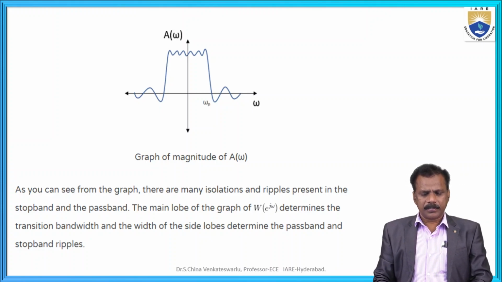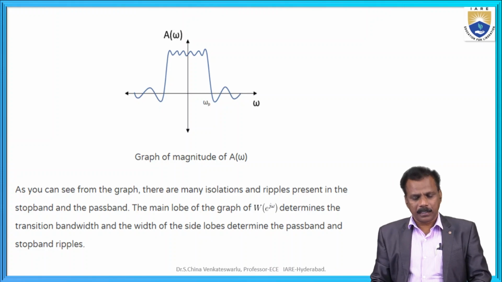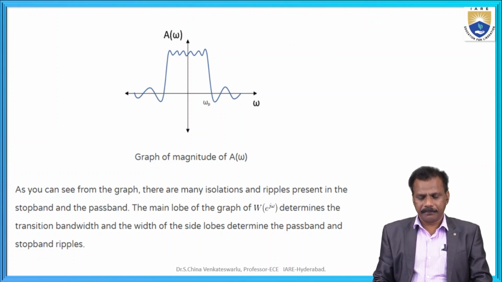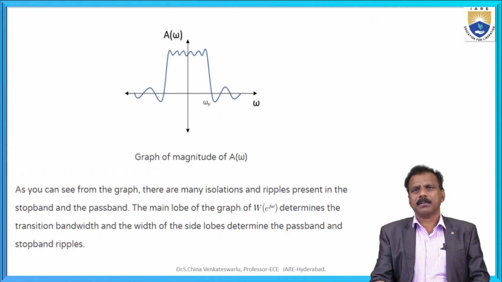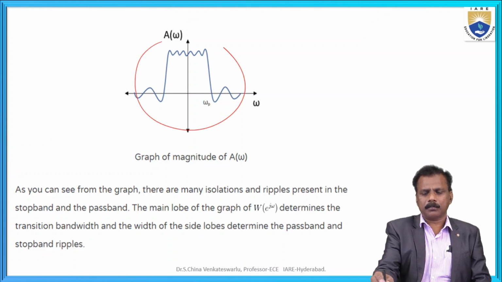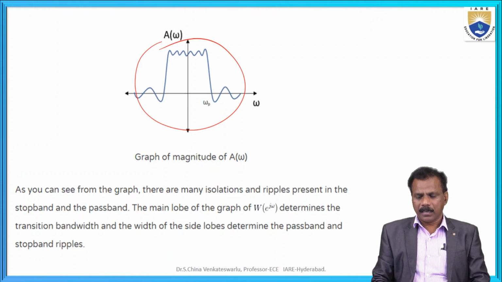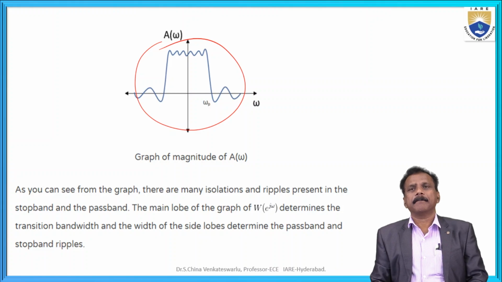As you can see from this graph, there are many oscillations and ripples present in the stop band and the pass band.